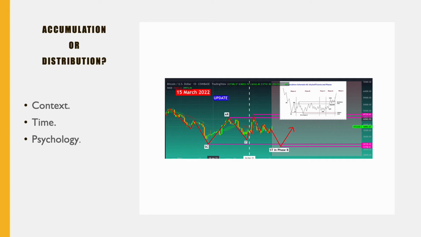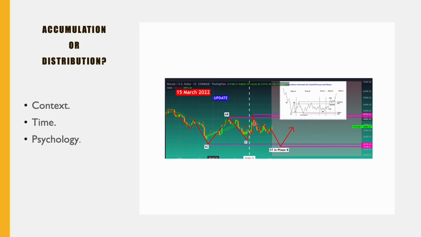And it's not easy. I chose this image because it was a TradingView idea. Of course I do not show the trader's name because I want to respect everyone. It was, look here, March 15, 2022. What did this trader see?